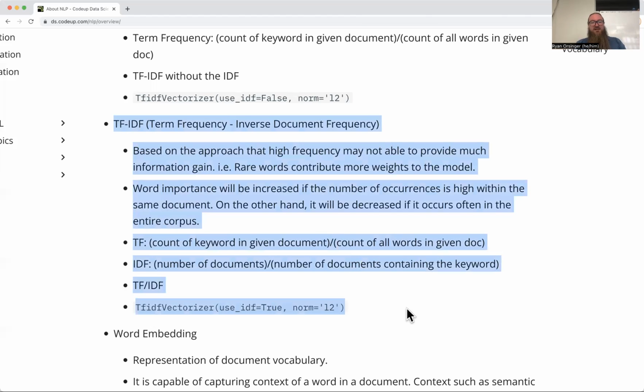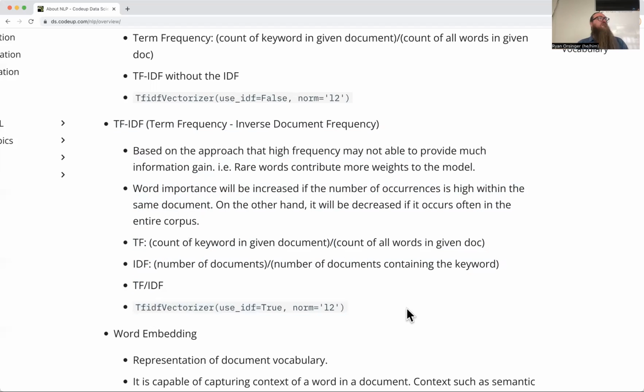So this is less naive. It's still pretty simple. And we're going to use the TF-IDF vectorizer to do the arithmetic for us, to do all the dividing for us.